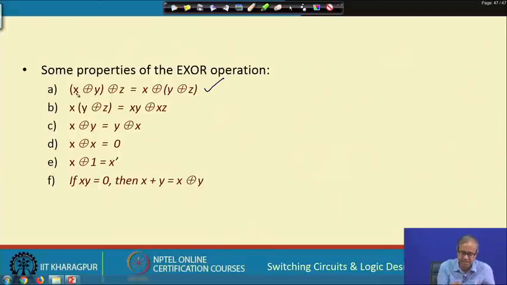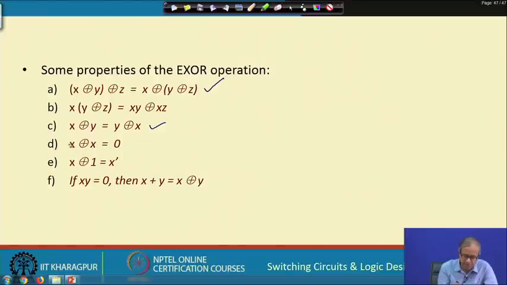So, whether you take the XOR of x and y and then XOR of z or the other way around, it does not make any difference, because ultimately XOR means whether the number of ones is odd or even. If it is odd, it will be 1, if it is even, it will be 0. The third one is also known, commutative, whether you take x XOR y or y XOR x, it means the same thing.